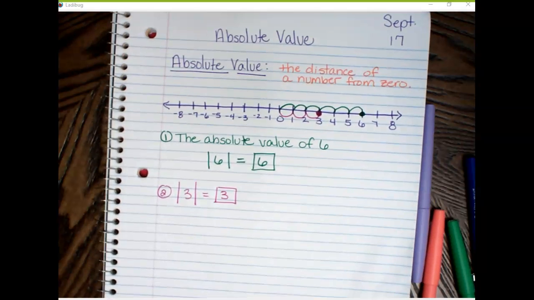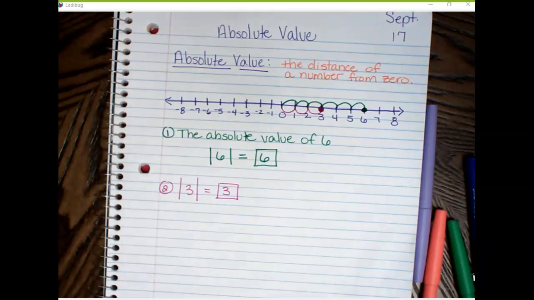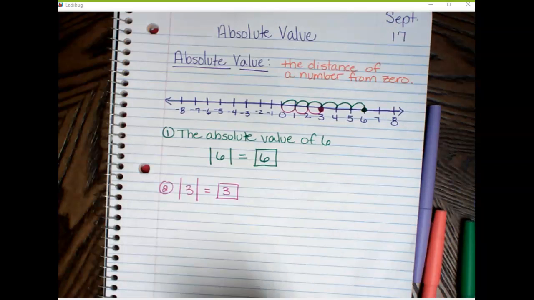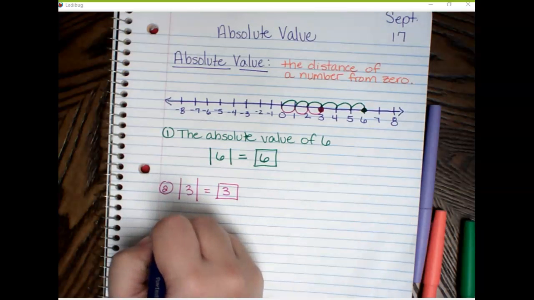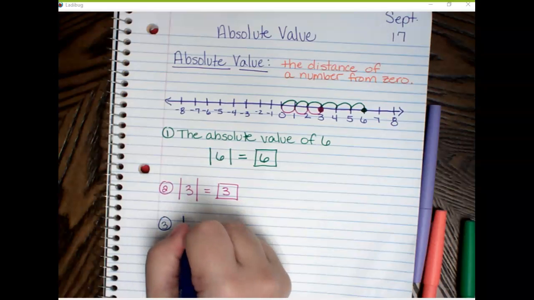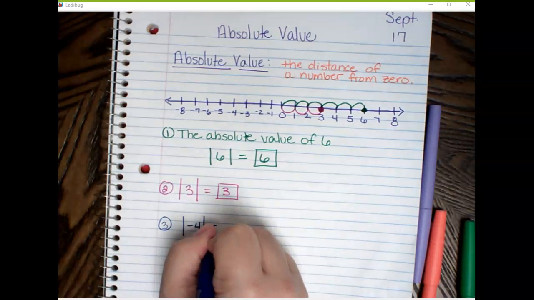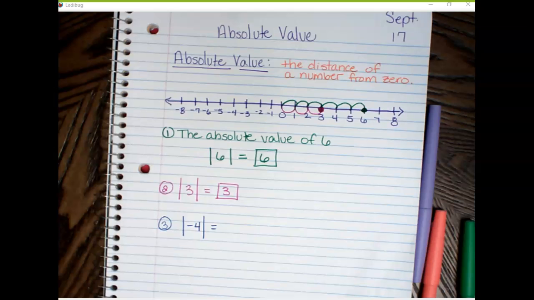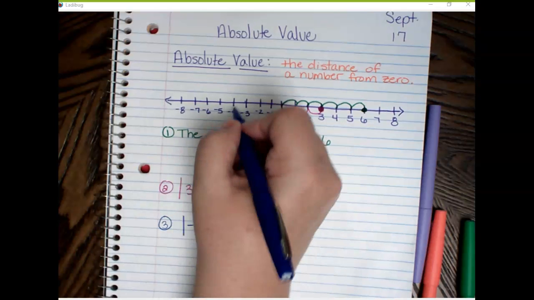But now let's see what happens on the negative side. So example 3, I want to know what is the absolute value of negative 4. How far away is negative 4 from 0? Well, can I plot it and count my steps? Sure.